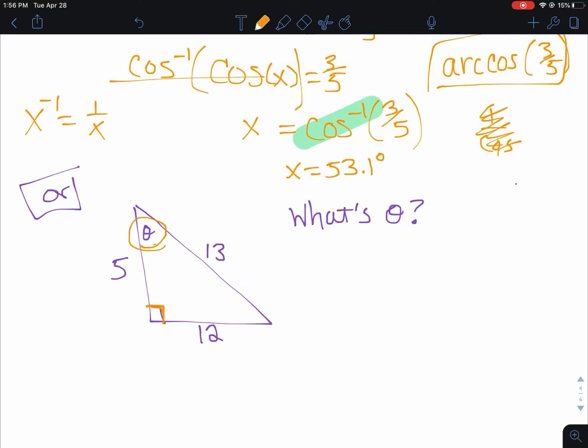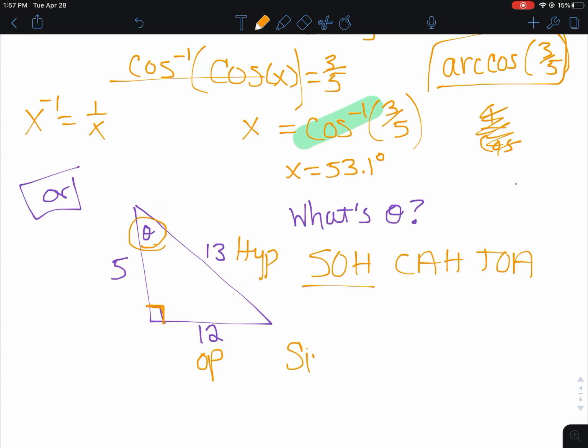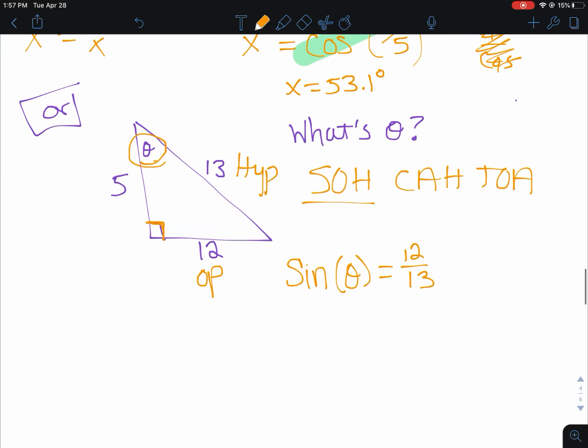So I have a bunch of different functions we can set up. We're just going back to your good old friend, SOH-CAH-TOA. Because we know all 3 sides, it doesn't matter which of these functions you use. We could do sine. Sine uses the opposite and the hypotenuse, so the sine of theta is equal to 12/13.